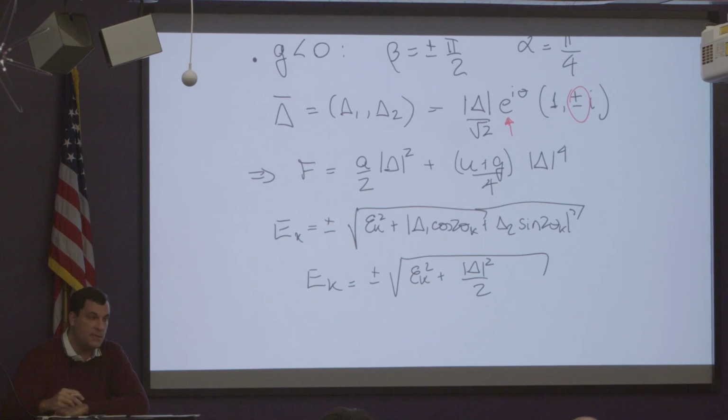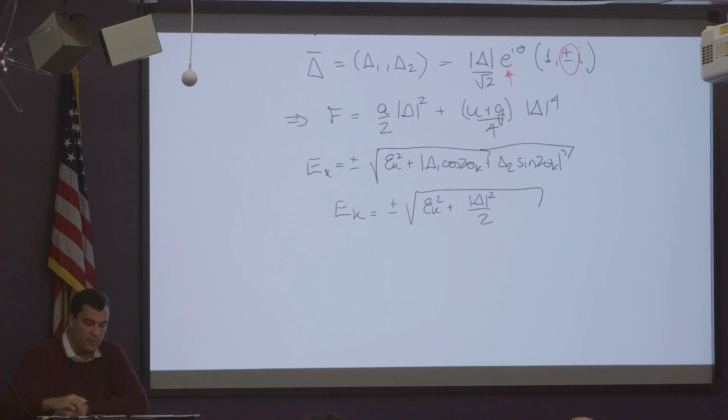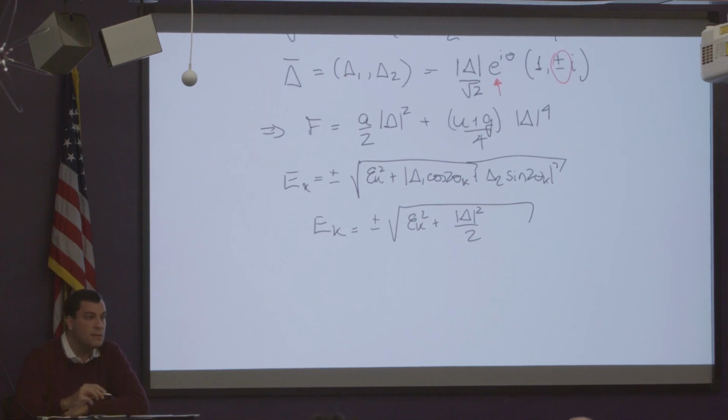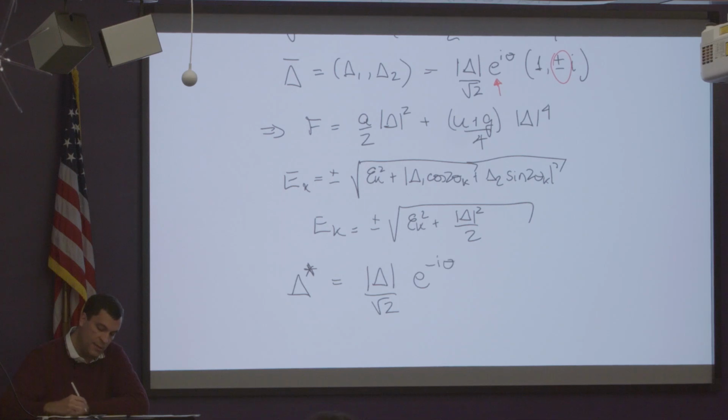So what symmetry is this plus or minus i breaking? Anyone wants to give it a try? Time reversal would be broken, right? Time reversal symmetry. How do we know that? Because if I take this delta and I take the complex conjugate, I'm going to get delta over square root of 2 e to the minus i theta times 1 minus plus i.